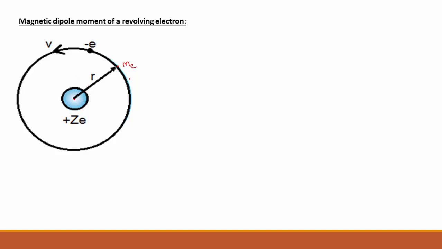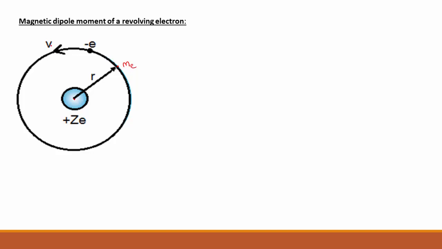According to Bohr's atomic model, the negatively charged electron revolves around the positively charged nucleus in a circular orbit of radius r with constant speed v.